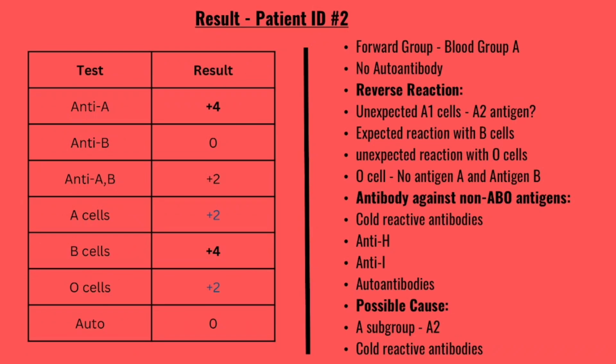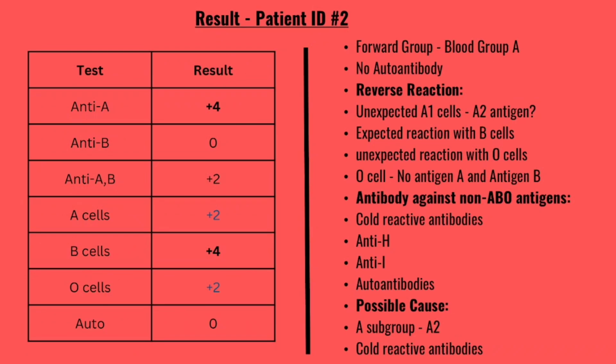Because of that, the analyzer will be confused and unable to give you the group of this patient, even though from the strength of the reaction you can be very certain that this person is blood group A. However, like I've mentioned, maybe this patient is subgroup A2, or maybe cold reactive antibody is interfering, giving all those weak reactions, which then leads to ABO discrepancy. I hope that makes sense.